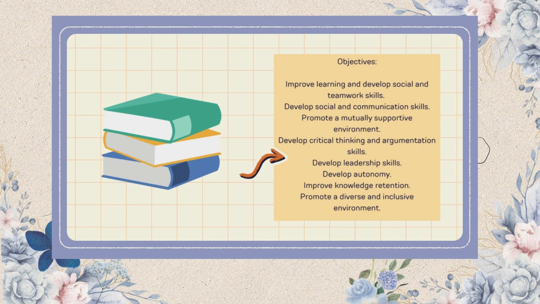The objective: improve learning and develop social and teamwork skills, develop social and communication skills, promote a mutually supportive environment, develop critical thinking and argumentation skills, develop leadership skills, develop autonomy, improve knowledge retention, and promote a diverse and inclusive environment.